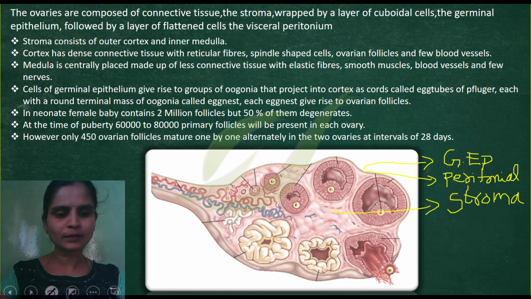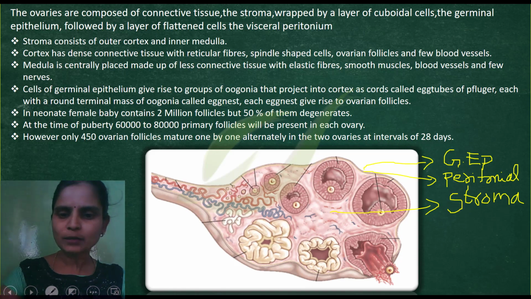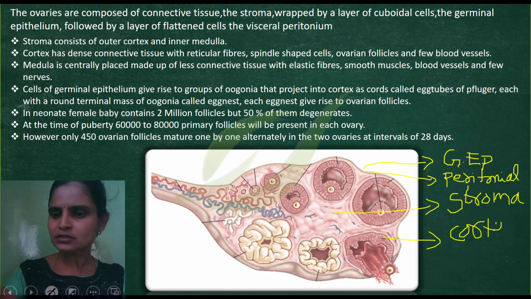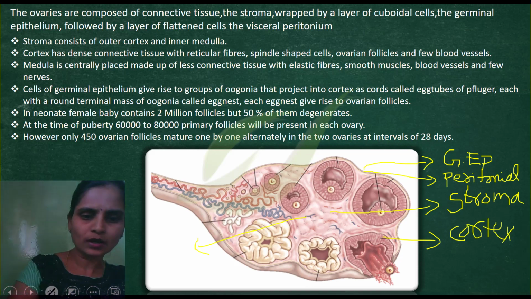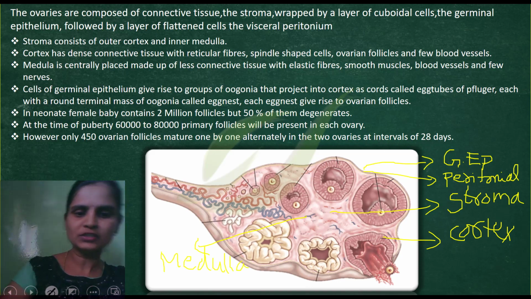Below the germinal epithelium, peritoneal cells are present, and the inner connective tissue is called stroma. The complete stroma is divided into the outermost region, which is called the cortex, and the inner region, which is called the medulla region.